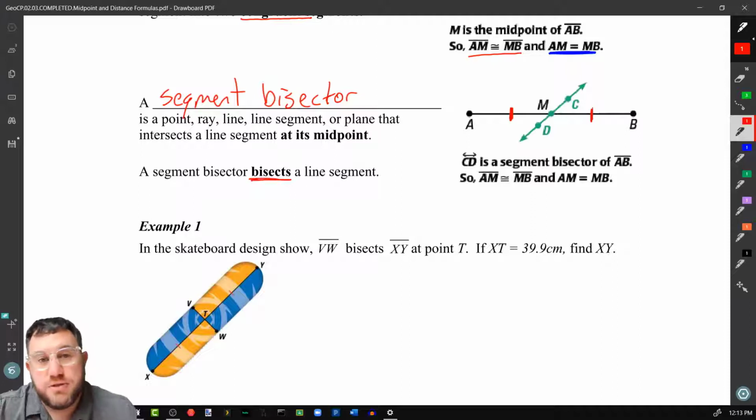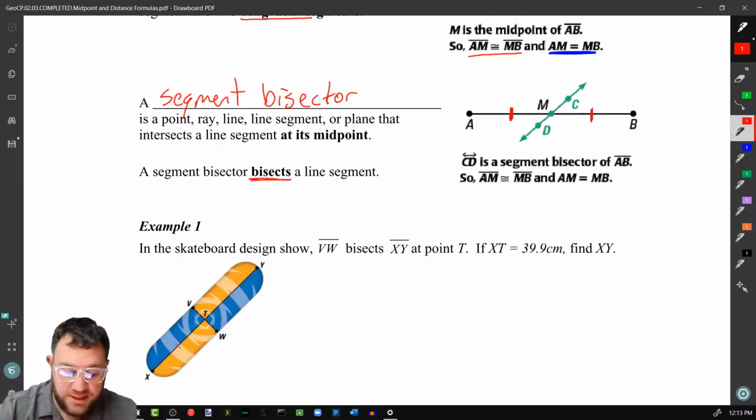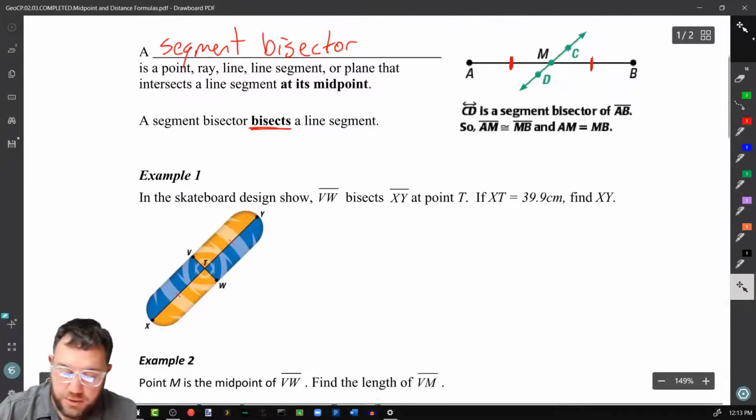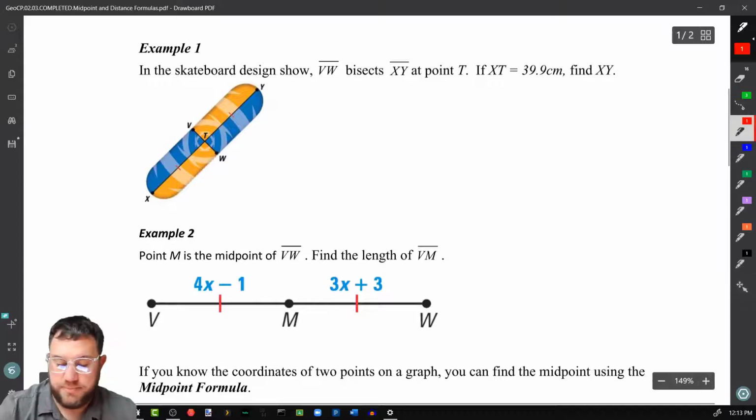Remember, bi means two. Intersect means to cross over or to share points. So a bisector shares that point that splits the line segment into two congruent pieces. So if you saw in a problem such and such bisects segment FG, you would know that FG is split into two congruent pieces.